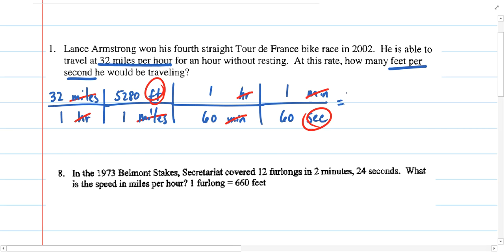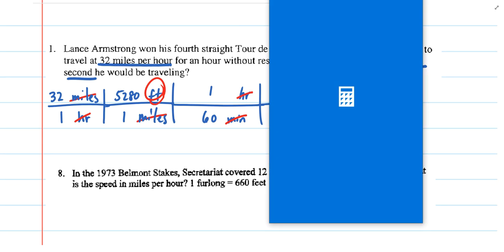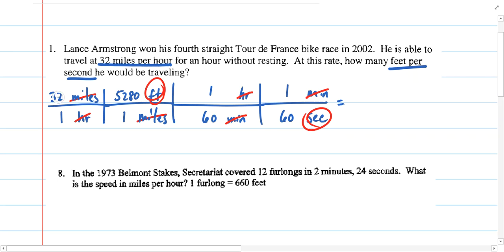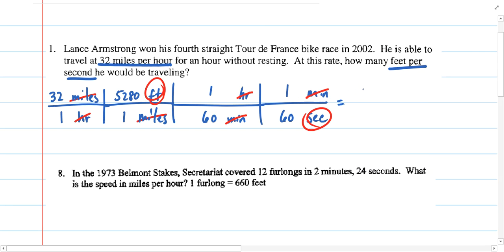So let's go ahead and do that math. Remember, across the top, across the numerator, the top row of this T-chart, we'll multiply all these numbers together, and that's just 32 times 5,280. That looks like 168,960, and our unit across the top is feet.